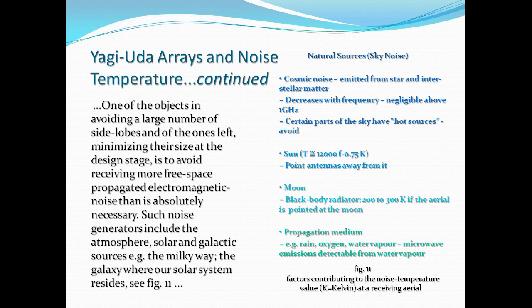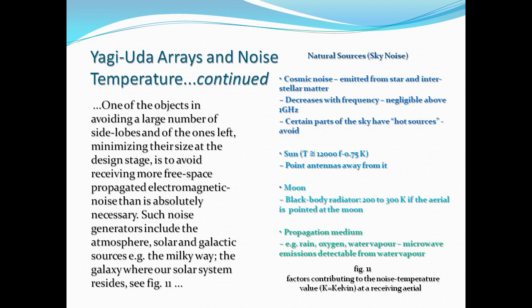The natural sources of sky noise include cosmic noise, which is essentially radio frequency noise emitted from stars and interstellar matter, being very large clouds of dust that are emitting radio frequencies. These very large clouds of dust may eventually collapse and form a star millions of years into the future.